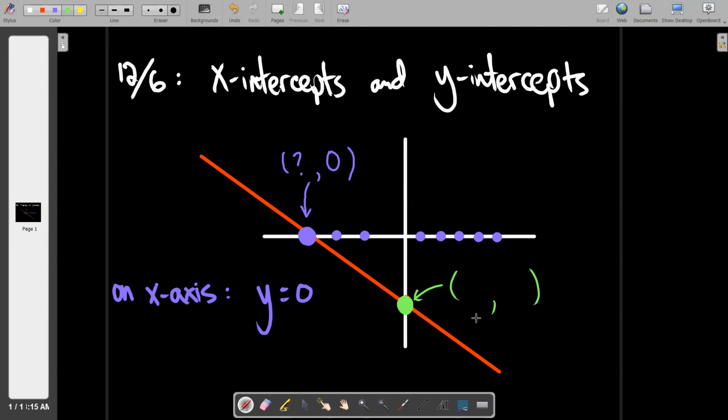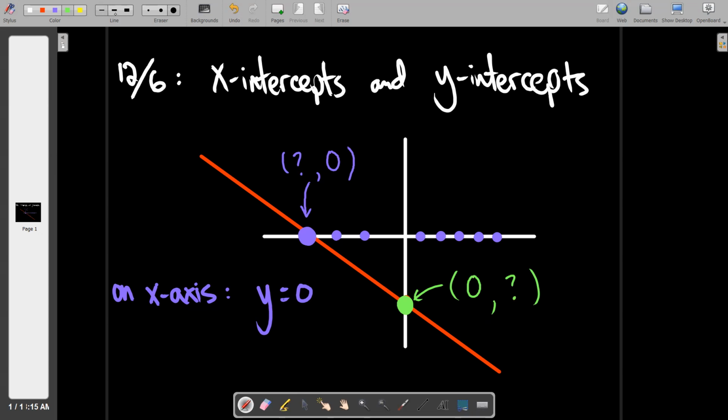The x literally has to be 0. If I said to you, I need you to travel to that green point, unequivocally, you would go right 0 or left 0 and then down or up some amount, in this case down, right? So again, I can put a question mark in the y because I don't know what the y is, but I do know for sure that the x coordinate of that point is 0.